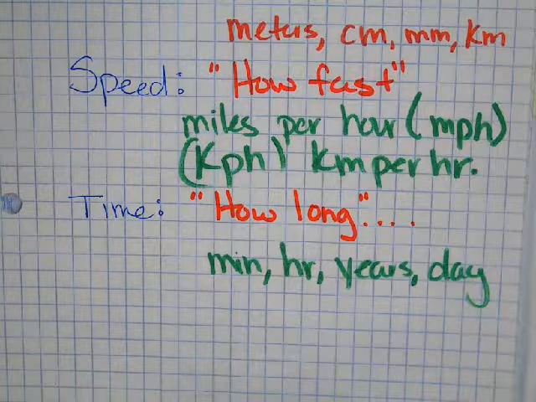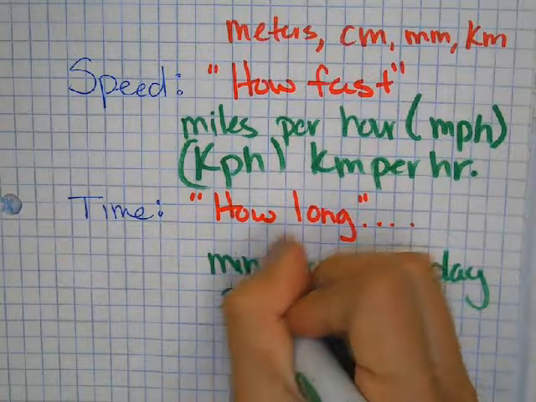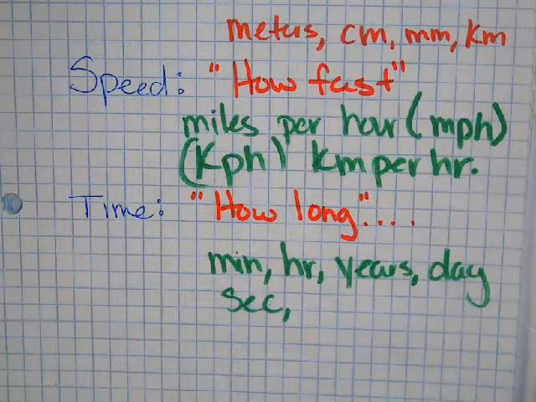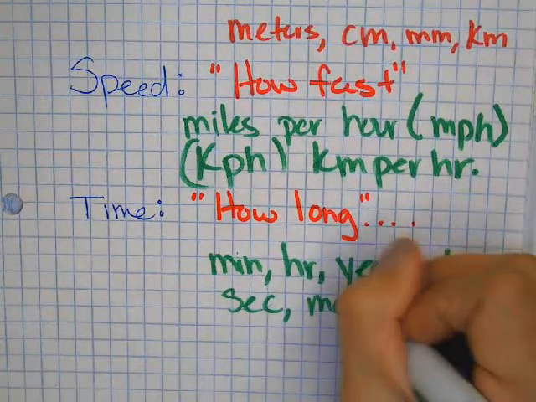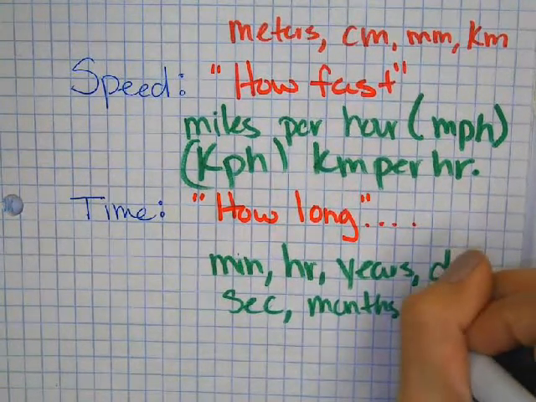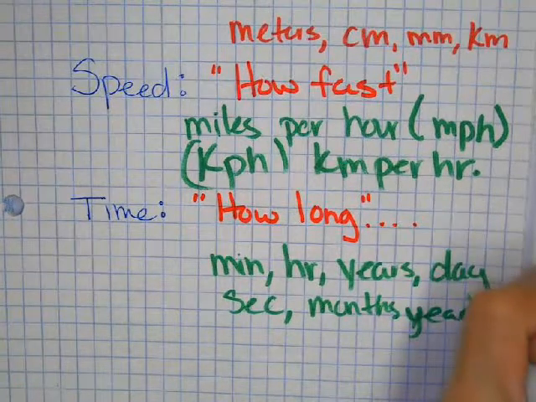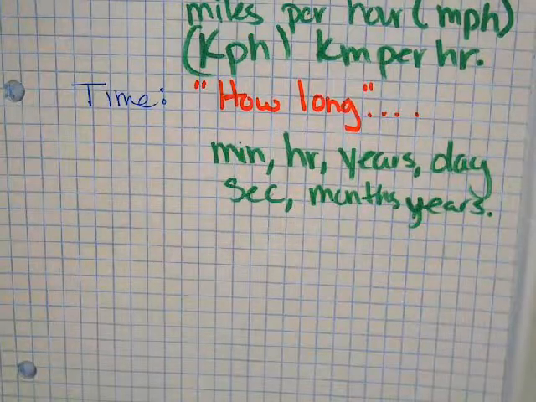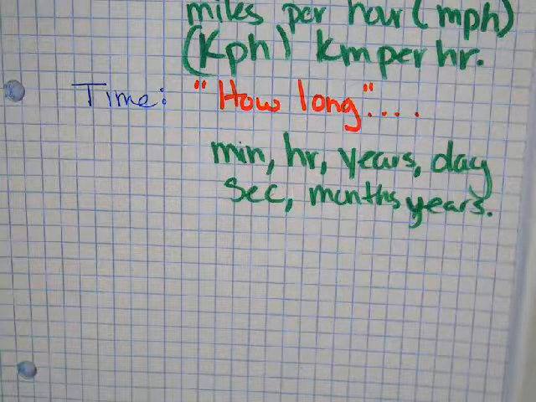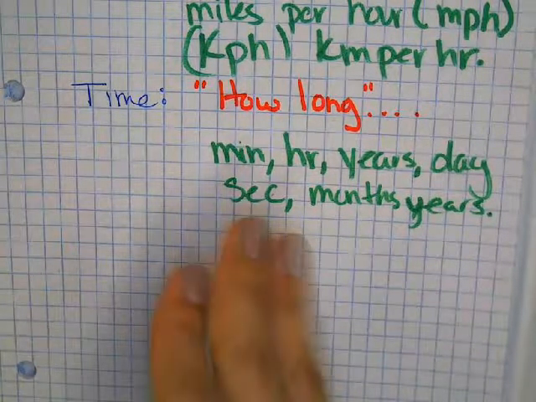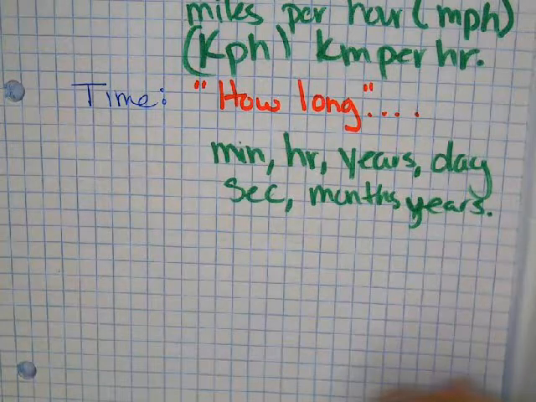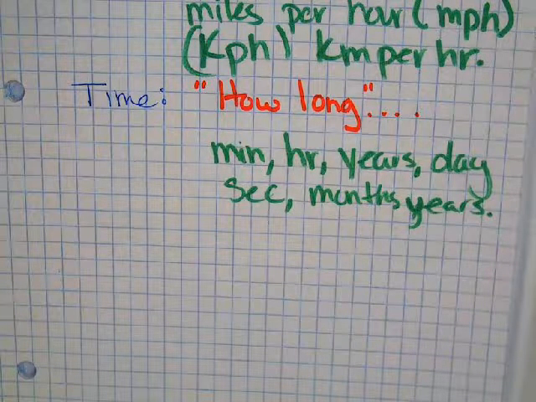Minutes, hours, years, days, seconds, months, years. Right. So, right. We can continue making a longer list, right? There's many ways we can measure time.